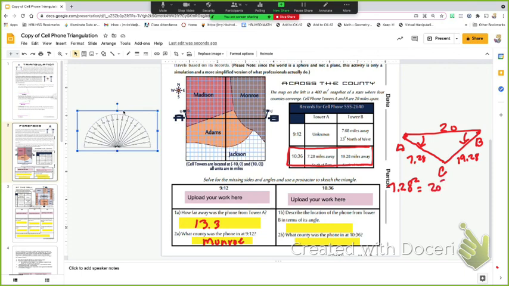And then you're going to have 20 squared plus 19.28 squared minus 2 times 20 times 19.28 times the cosine of B. And then you have to solve that for angle B. So you're using your law of cosines. 7.28 squared equals 20 squared plus 19.28 squared minus 2 times 20 times 19.28 times the cosine of B. So now you're going to have to use your algebra to isolate cosine B and then cosine inverse it.